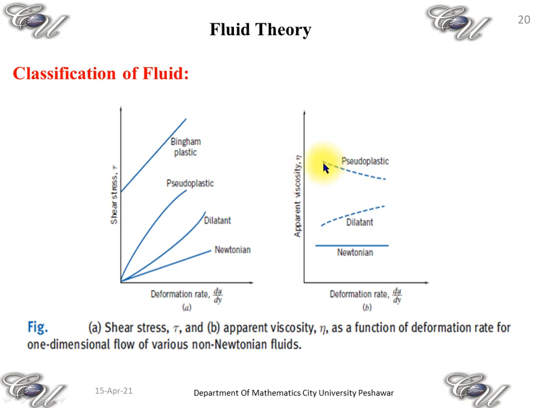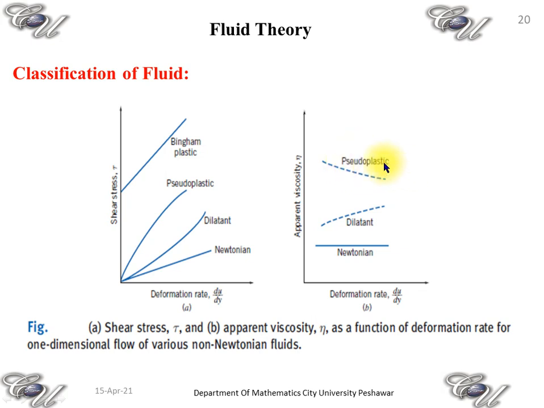This is viscosity at this deformation, and this is viscosity at this deformation. So the viscosity has decreased as the deformation increases. So when the fluid deforms and its viscosity decreases, such non-Newtonian fluids will be called pseudoplastic.